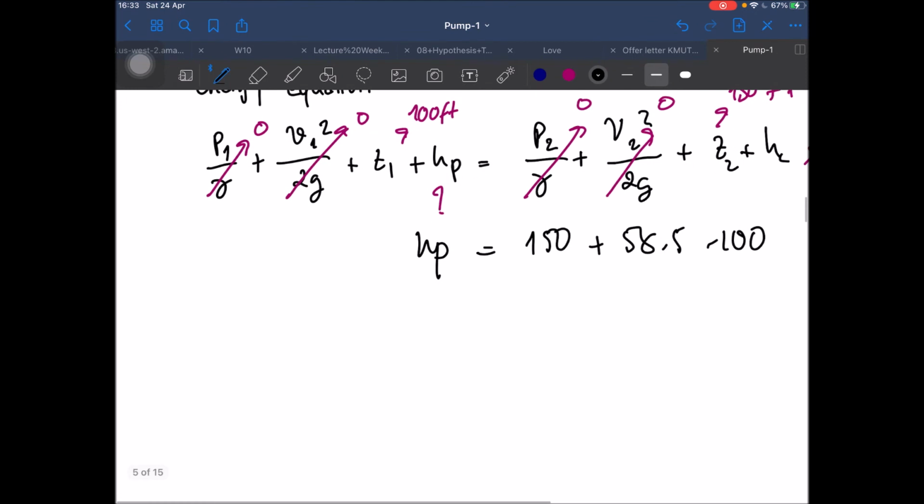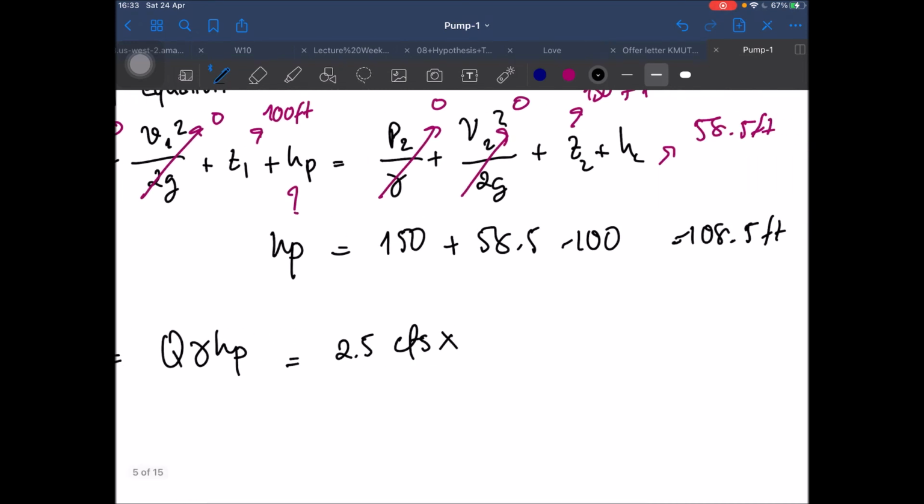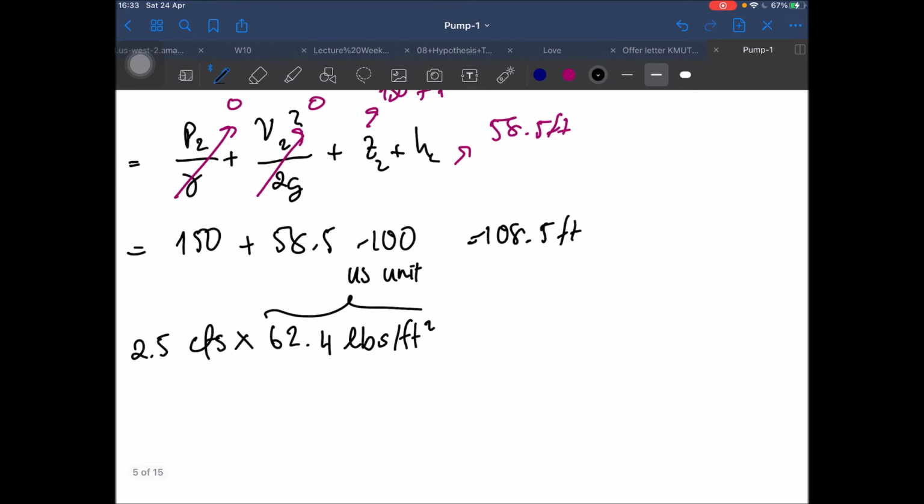So we can find the P. Again, this is power, not pressure. So P equals Q gamma HP this way, and it's 2.5 CFS multiplied by 62.4, this is for the US unit, and then we multiply by 108.5 feet.